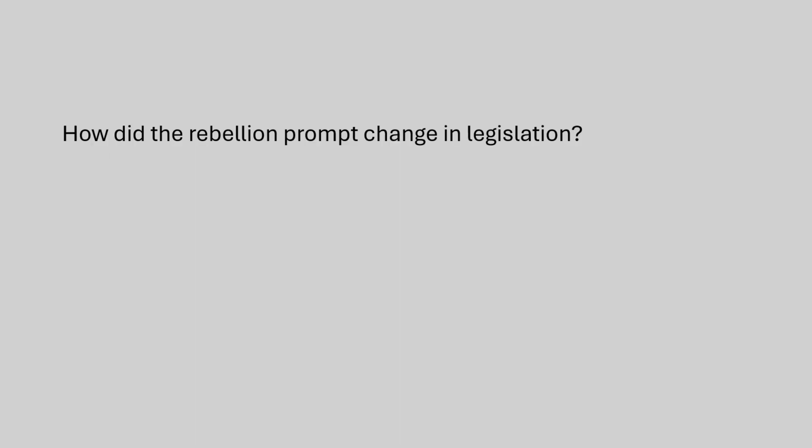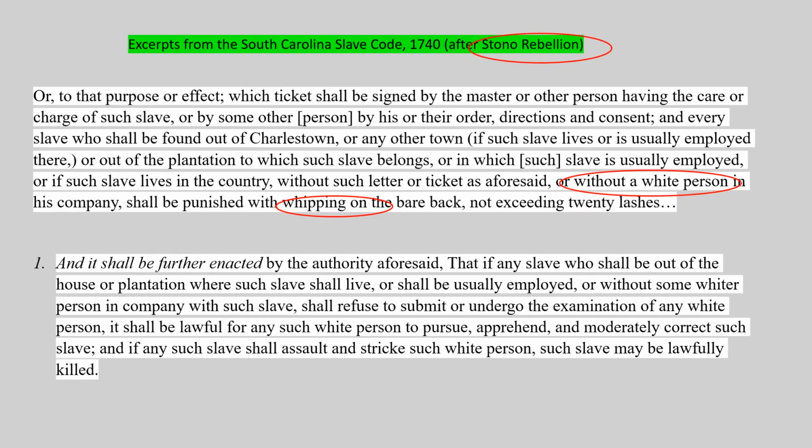How did the rebellion prompt change in legislation? What we're looking at here is some more harsh treatment. Keep in mind this is after the revolt, as it indicates here. Without a white person in his company shall be punished with whipping. This is the process of slave breaking, which was an actual thing where you could beat your slave into submission.